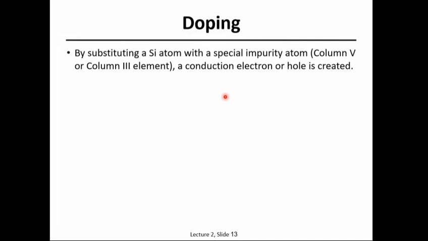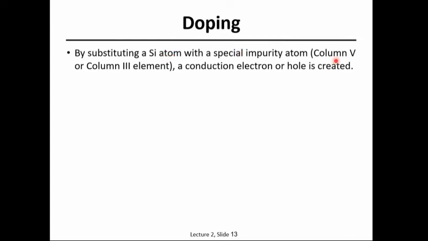Now we'll generalize. Instead of having a pure silicon material, where the concentration or the chance of having an electron in the conduction band is due to a raised temperature, we'll say, okay, if I add another atom to the silicon, from column 5 or from column 3, meaning that if I add from column 5, it has 5 electrons in its outermost shell, so this column will be donating an electron to silicon.